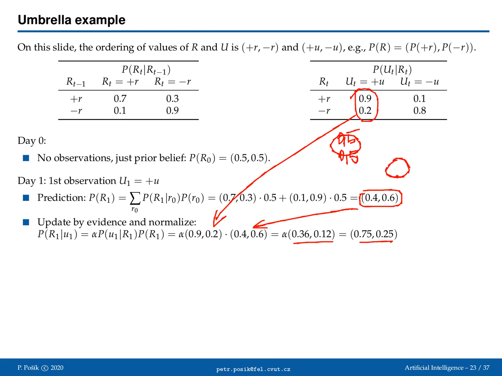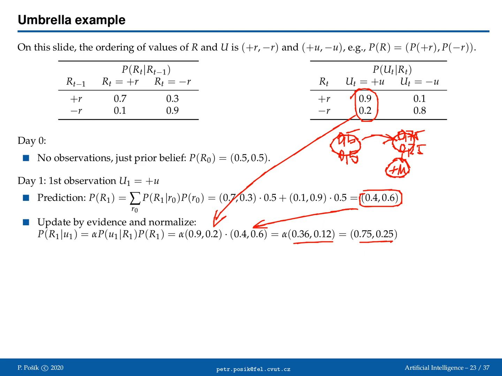Then we observed that our boss brought an umbrella, and based on these two pieces of information, we updated our belief of the distribution over hidden states to 0.75, 0.25.